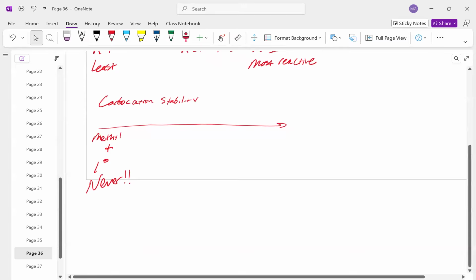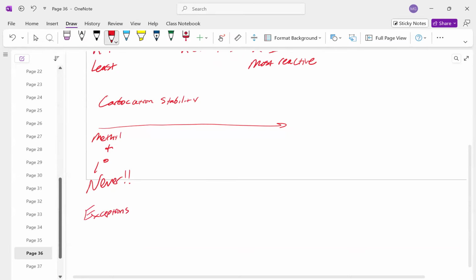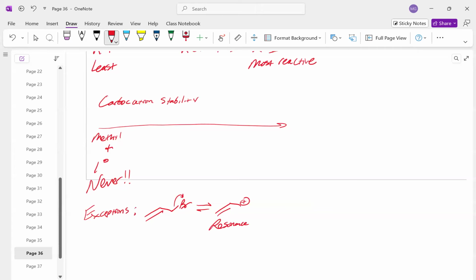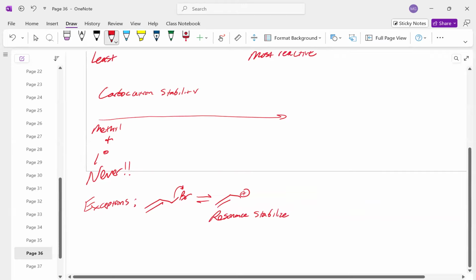Now, I will say, here are some important exceptions that I've covered in the past. If the primary carbocation can be stabilized by resonance, for example, let's say with an allylic position, if that leaving group leaves, you can resonance stabilize that carbocation. And that's okay.